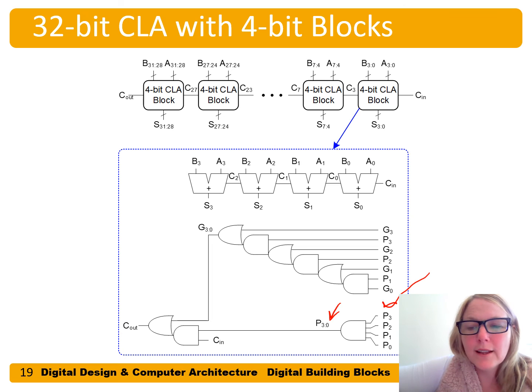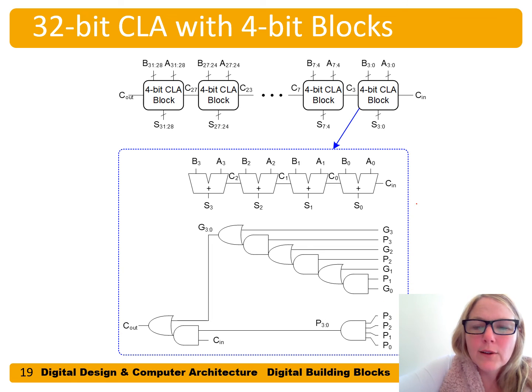We're not showing the gates here for these calculations, but we know that G sub 3 is A sub 3 and B sub 3, so that would be an AND gate. And this propagate signal is an OR gate, A sub 3 or B sub 3. So those gates aren't shown.